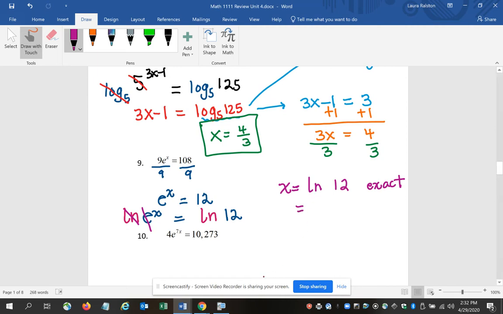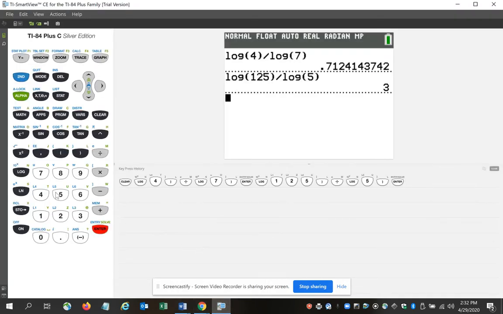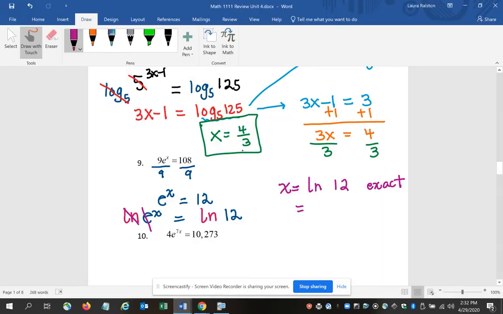I can use my calculator to get an approximation. On my calculator, I would type ln 12, and if we round to say 3 places, we'd have 2.485. Okay, so x will be approximately 2.485. That's our estimate that we get from the calculator.